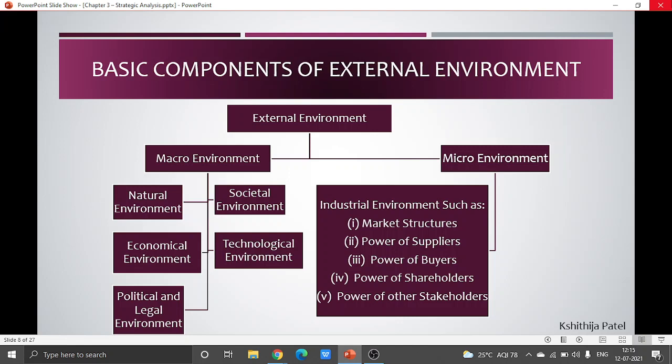Whereas if we have a high rate of growth of per capita income, it is an indicator of boom. And if at all we have a low rate of growth of per capita income, then it indicates that there is a recession. So currency convertibility, even that is one of the important factors that can be spoken of.